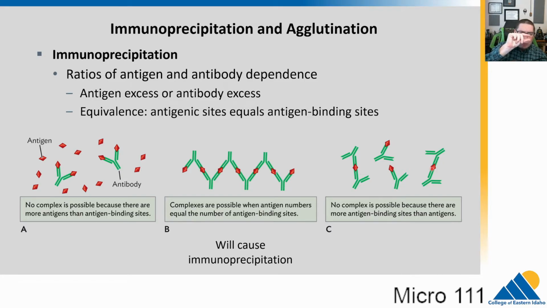But if you have a precise ratio where the amount of antigen is equal to the amount of binding sites of antibody, the antibodies can form a complex here. And this complex can actually become so big that it will precipitate or fall out of the solution. We call this immunoprecipitation.